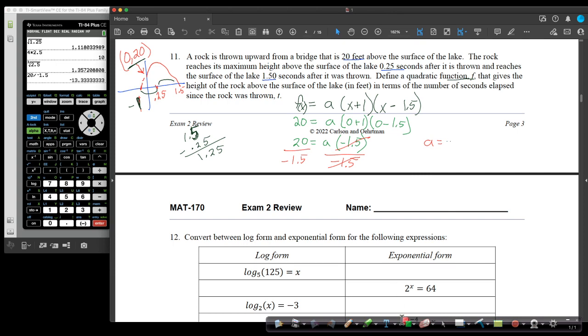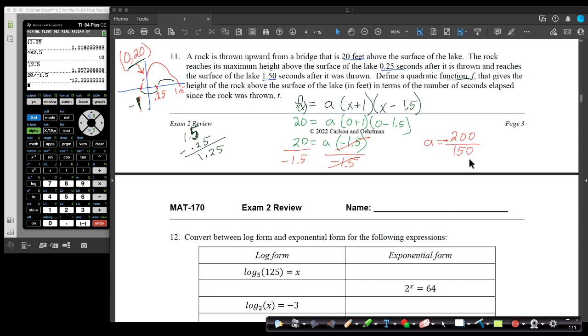You could write this as 200 over 15, so multiply the top and bottom by 10.